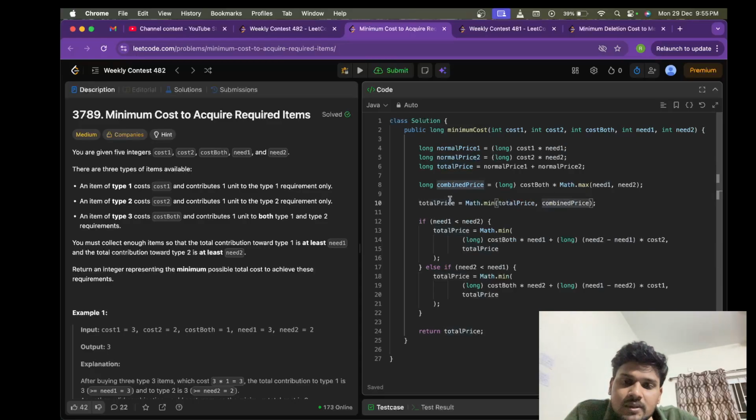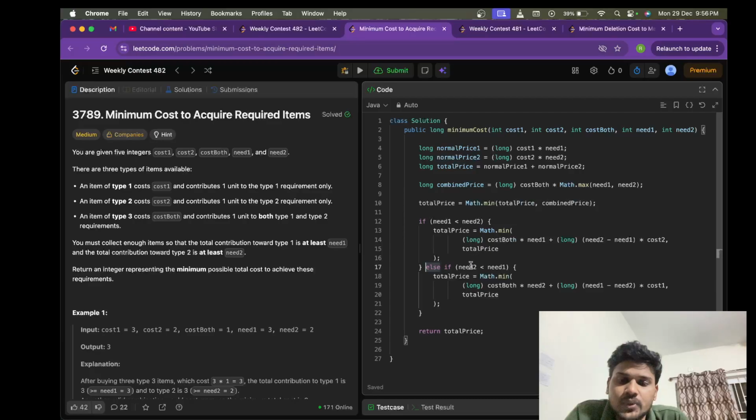And there can be one more possibility: if need1 is less than need2, we buy need1 items at the price of costBoth, and the remaining need2 items at their normal price. So it can be one of the optimal ways.